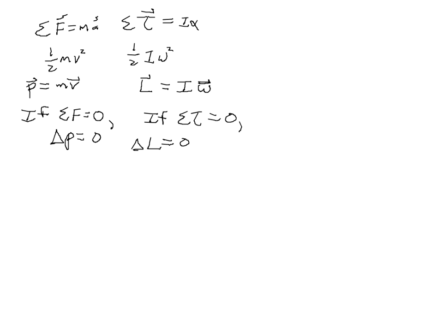Okay, let's say we have a kid on a merry-go-round. So here's our merry-go-round. And let's say that this merry-go-round is starting out with an angular speed of, say, 1 turn per second.